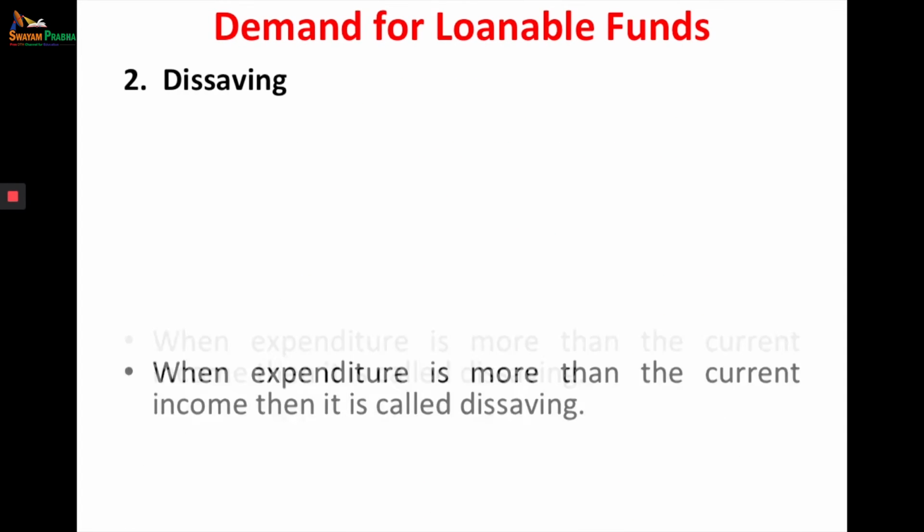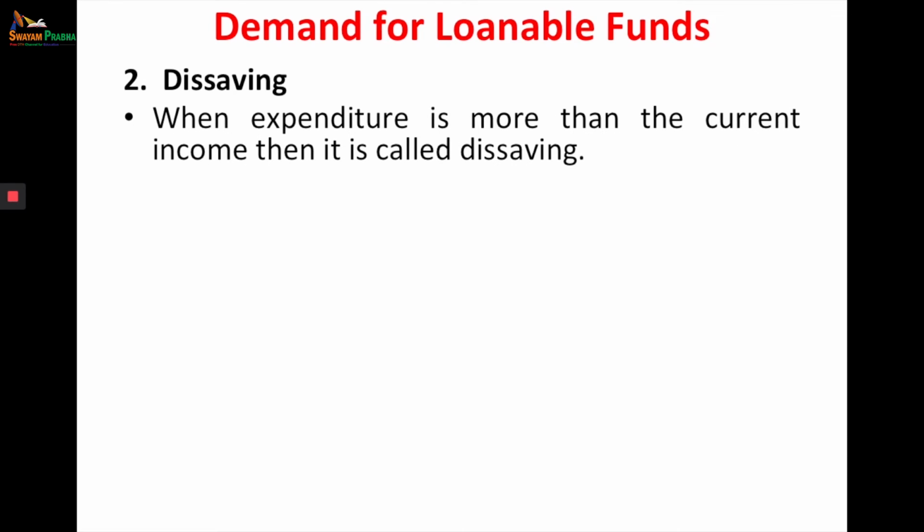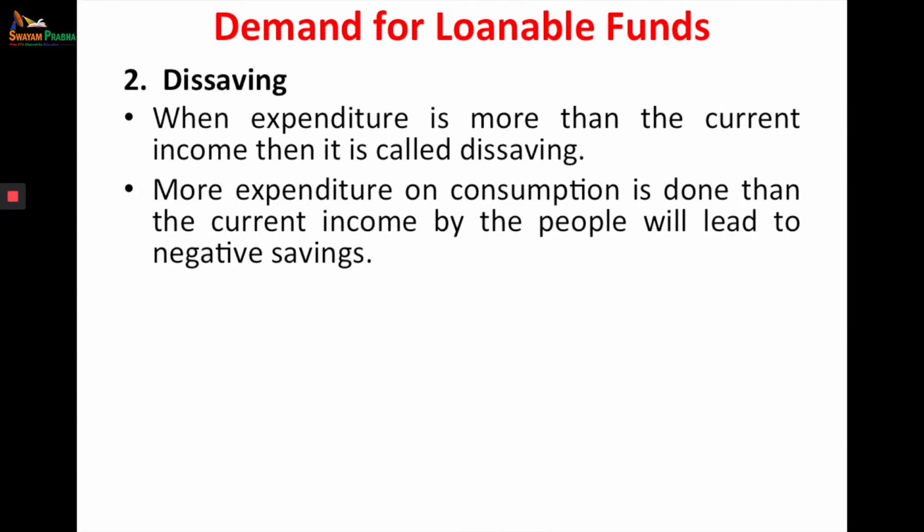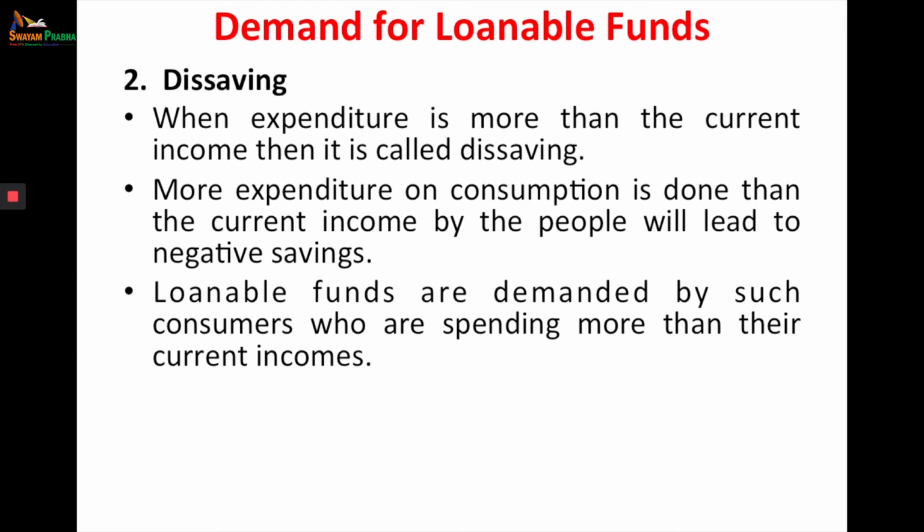Second important part is dis-saving. When expenditure is more than current income, then it is called dis-saving. Means when more expenditure on consumption is done than the current income, it will lead to negative saving, when your consumption is more than your income. This is called dis-saving.